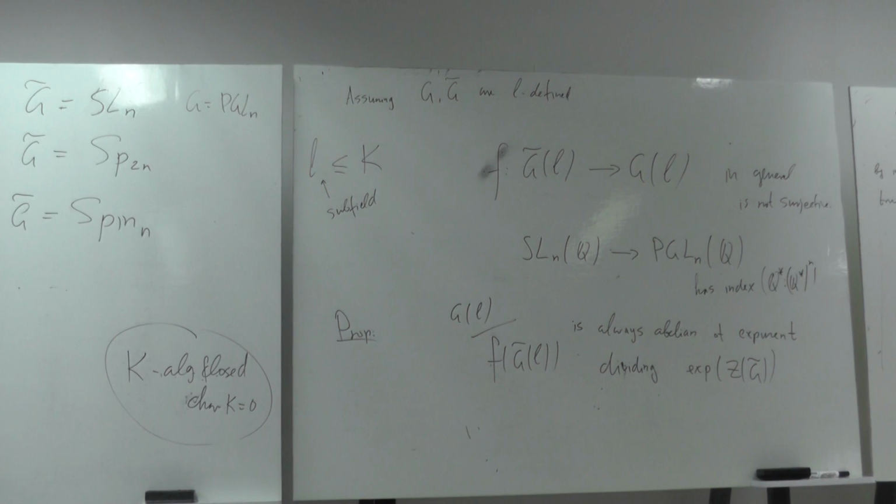So this is a finite abelian group, which is actually very small, usually just of size 2 or 4.